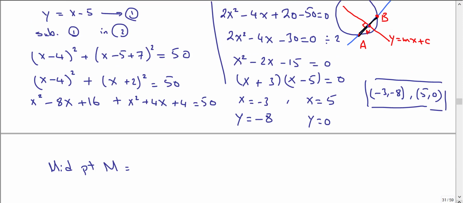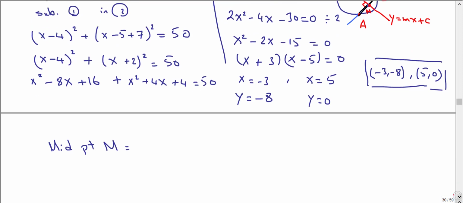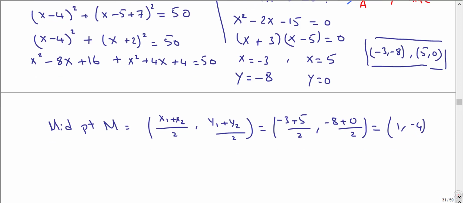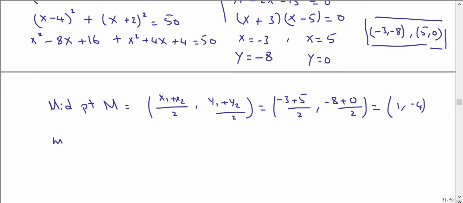This midpoint, we're going to call it M. So it's (-3 + 5)/2 and (-8 + 0)/2. This would be 1 and negative 4. So that's the midpoint. Next, you find what? You find the gradient of AB.